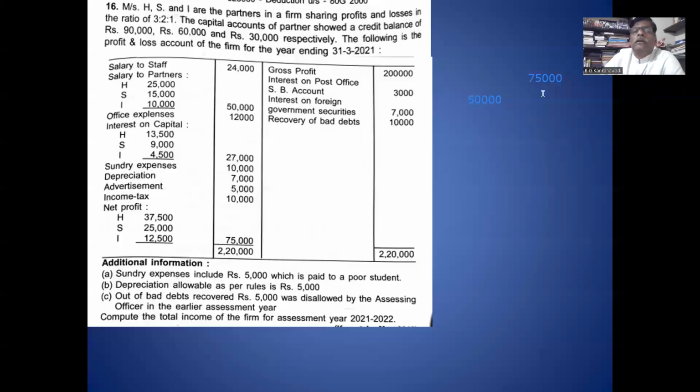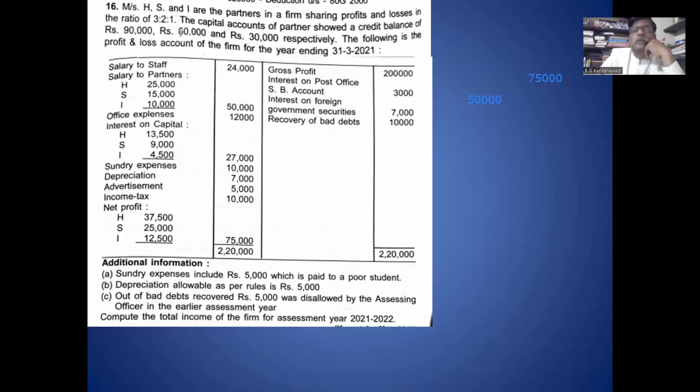Okay. 50,000 disallowed. Then office expense is allowable. Interest on capital: H, S, I total is 27,000. Out of this 27,000 interest on capital, 12% of capital is allowable. So the capital is 90,000, 60,000 plus 30,000.